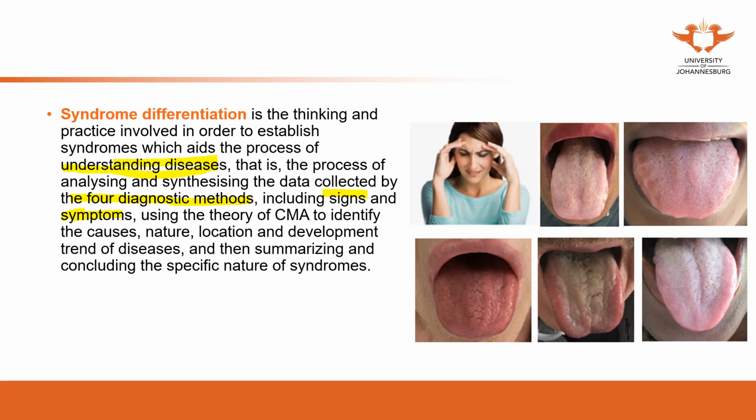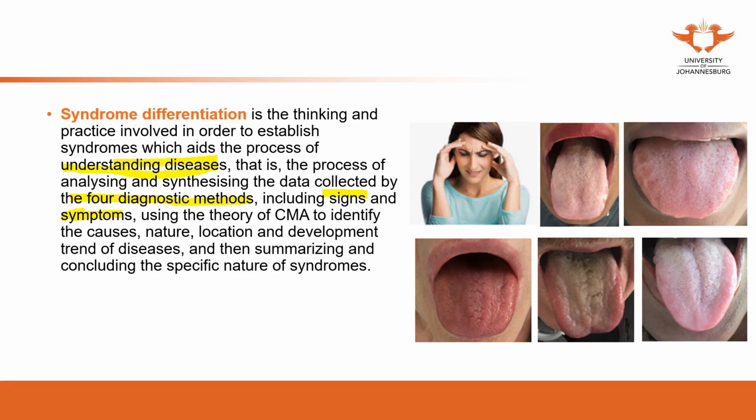And then once you find the signs and symptoms, you're going to use the theories we discussed here to identify the causes, the nature, the location, the development trend of the diseases, and then conclude to a specific nature of symptoms. So that's syndrome differentiation.